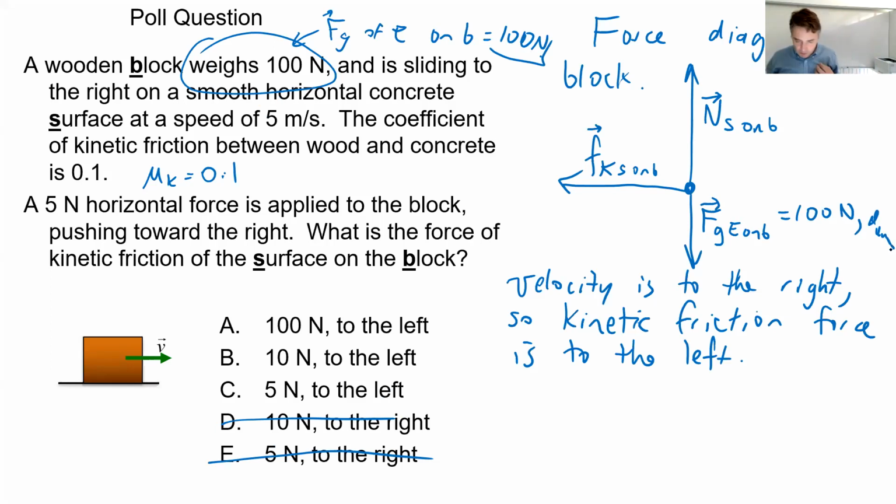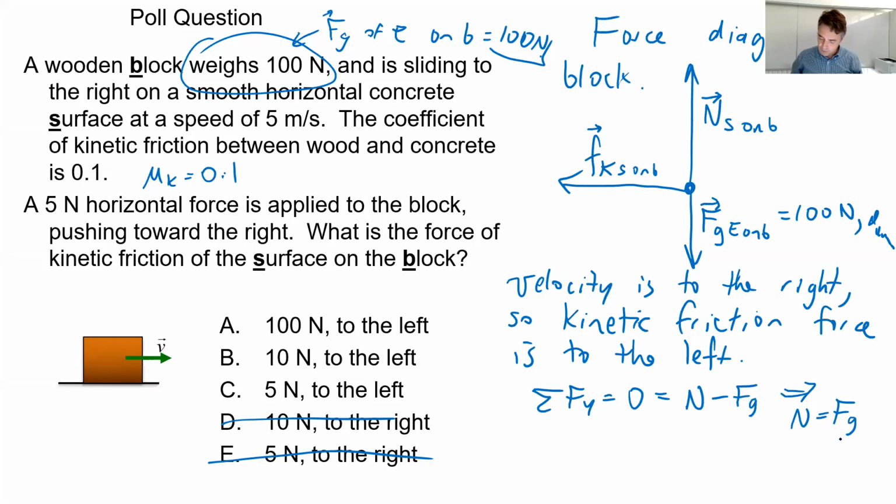Then you say that the sum of the forces in the y direction is 0 because it's not accelerating up or down, so normal force minus the Fg force is 0. That means the normal force equals Fg, which equals 100.